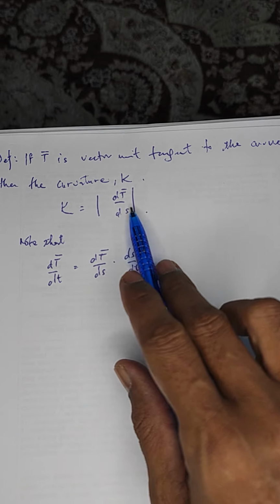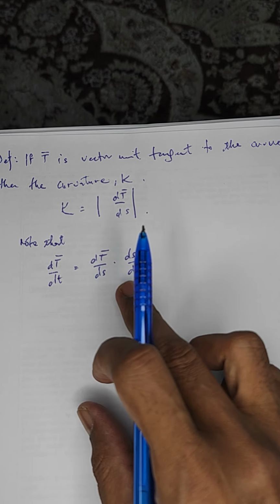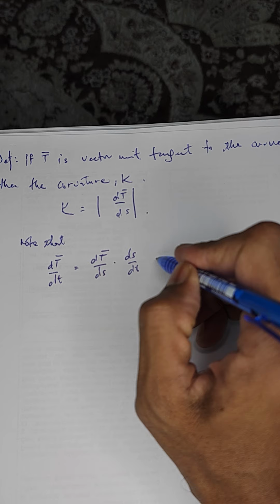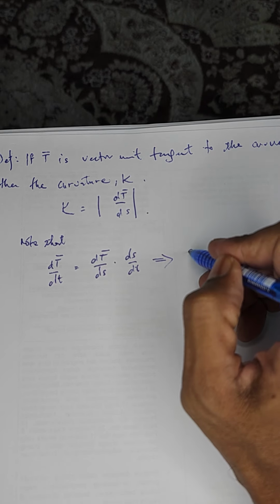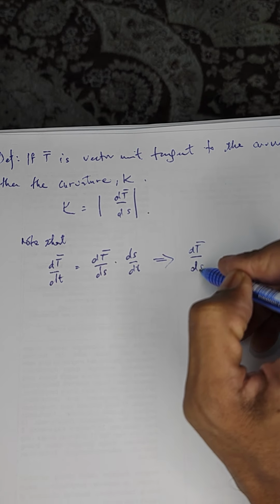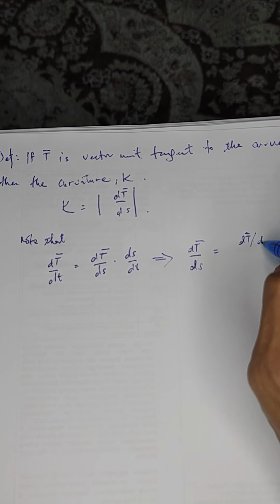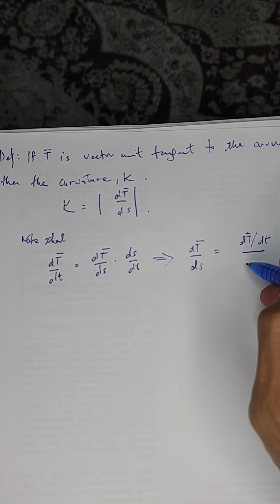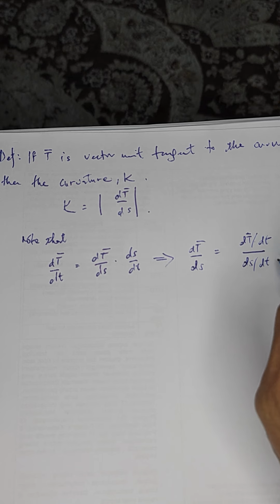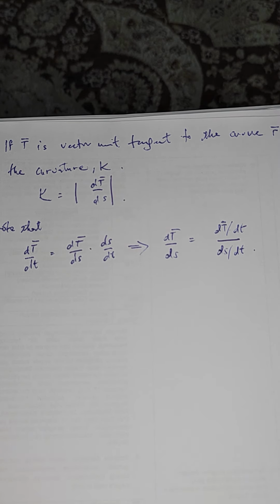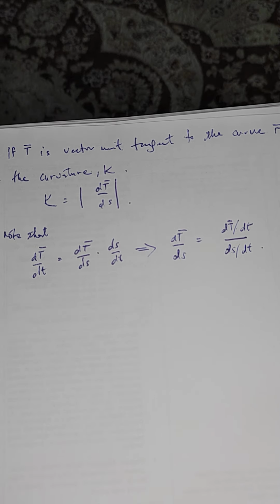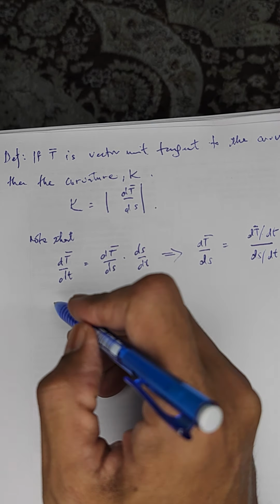If you substitute this, you can write dT over ds using the chain rule. But what is ds over dt? What is ds over dt?